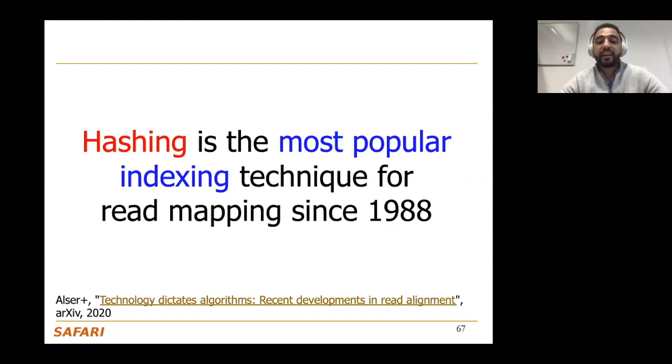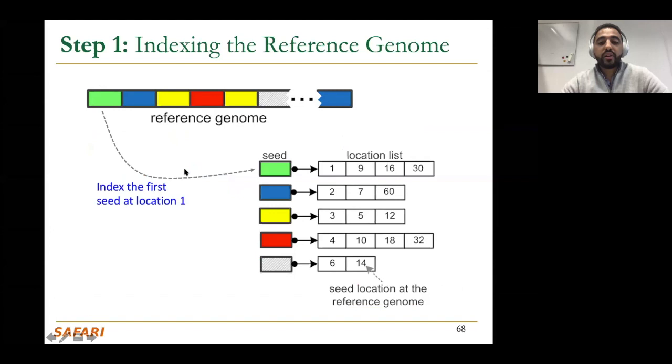There are other techniques used for indexing as well, but hashing was one of the most popular, and it was first used by a tool called FASTA. So let's use the hash table for this example as well, since it's the most popular one.